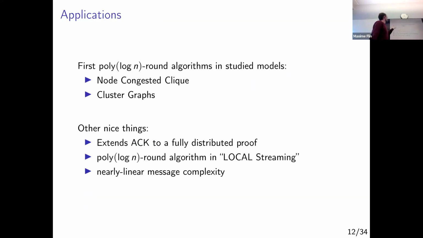Okay, so for the applications here, this model is like CONGEST clique. You can talk with everybody in the network. You're not restricted to talking with just your neighbors. The one big constraint here is that you can't talk with more than polynomially many at the same time. And so you can use a trick to remove the public randomness and then run our algorithm in this model. And the cluster graph is something that arises very naturally when you try to compress edges, for instance.